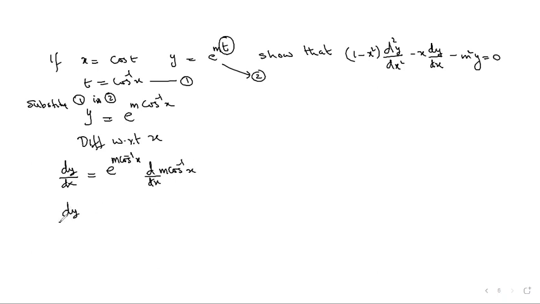So dy by dx is equal to e raised to m cos inverse x, which is nothing but y, into minus m upon root 1 minus x square. Now cross multiply: root of 1 minus x square into dy by dx is minus my. Is it fine?